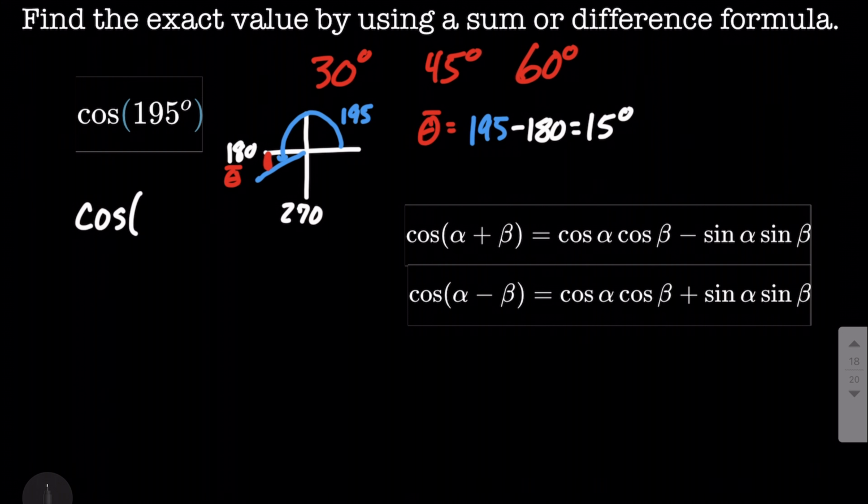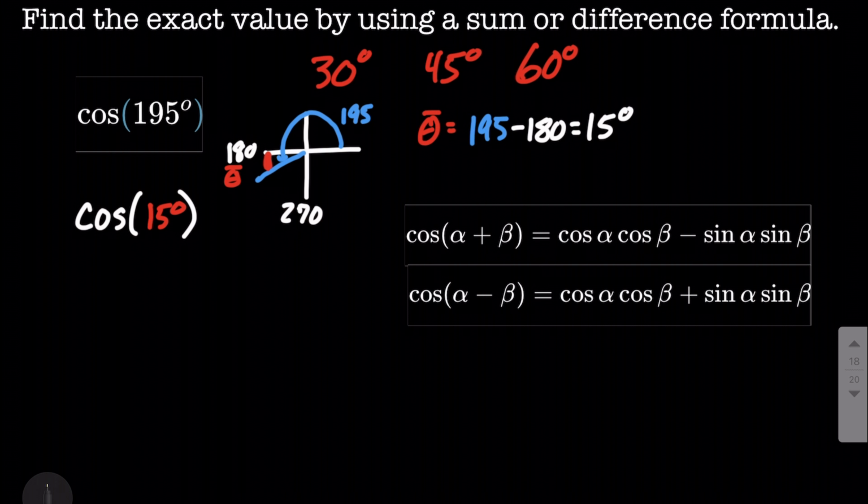So let's think about how we can do that. Cosine of 195 degrees is going to be equivalent to cosine of, using our reference angle, 15 degrees, as long as we're careful about, we were in the third quadrant with 195 degrees, we have to make sure that the sign, positive and negative, for cosine is correct.